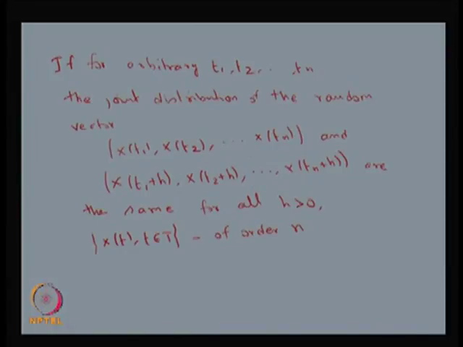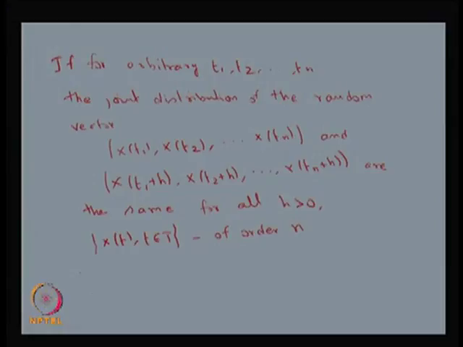If the joint distribution of the first n random variables as well as the joint distribution of the variables shifted by h are the same, that means they are identically distributed, then you can conclude this stochastic process is strict sense stationary of order n, because you used n random variables.